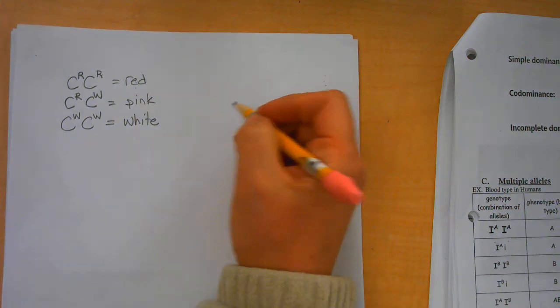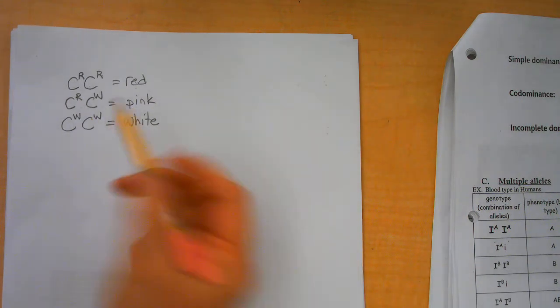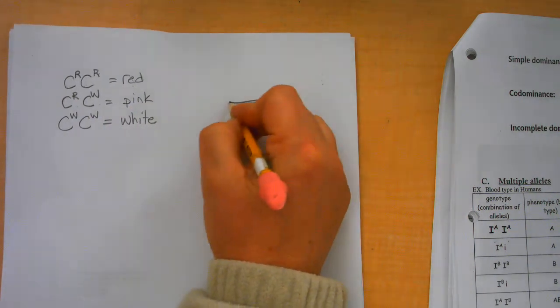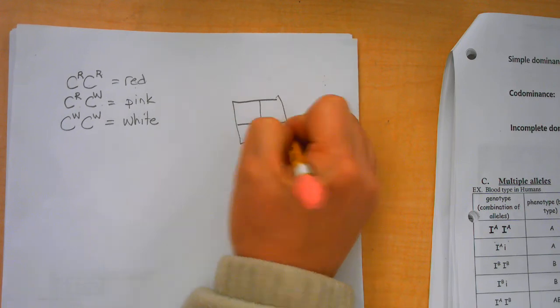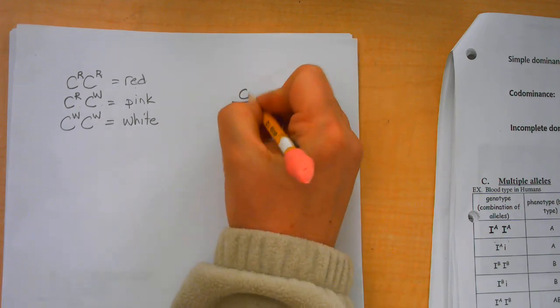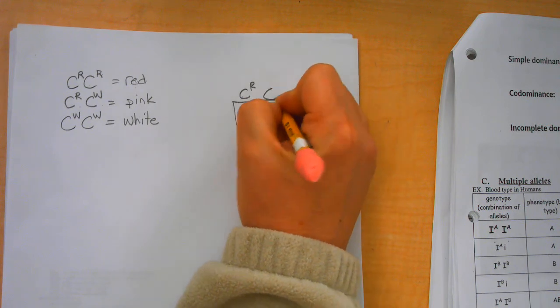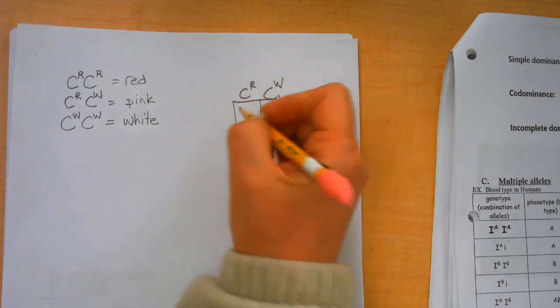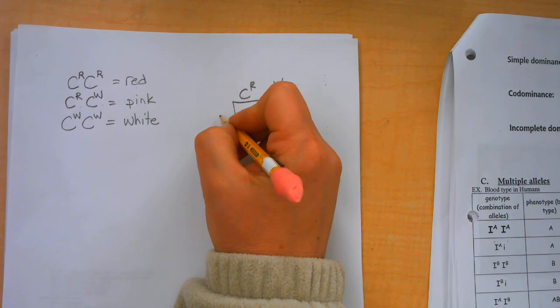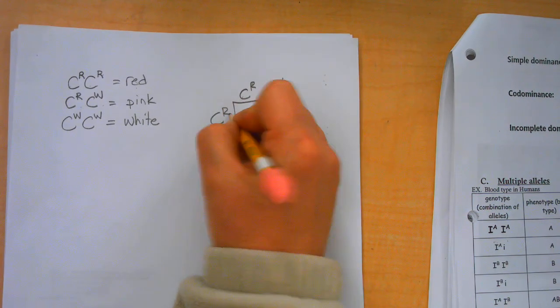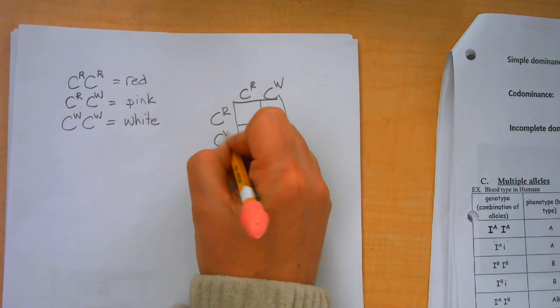So let's do a problem. Let's cross two pink snapdragons. So CR, half of the mom's eggs are going to be CR, and half of her eggs are going to be CW. Half of the pollen, or sperm, is going to be CR, and half of it is going to be CW.